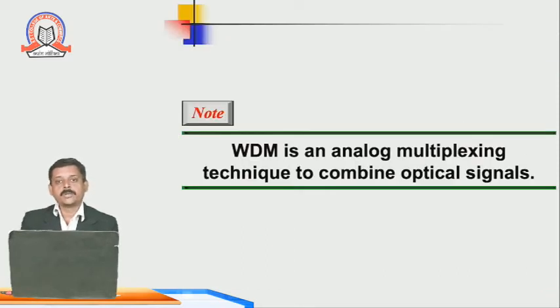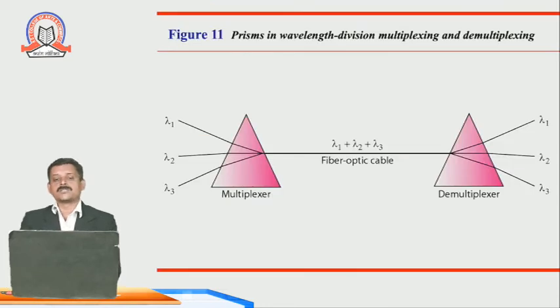So WDM is another technique used for analog multiplexing, and it is used to combine optical signals as well. If we consider the example of a prism, at one end it merges all the rays.